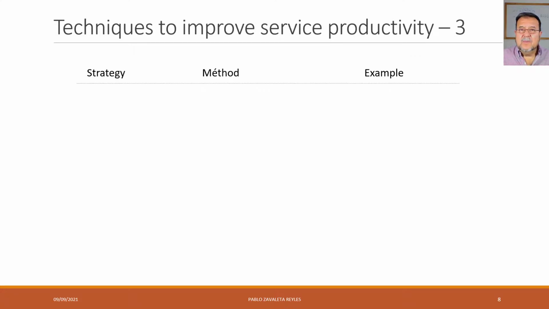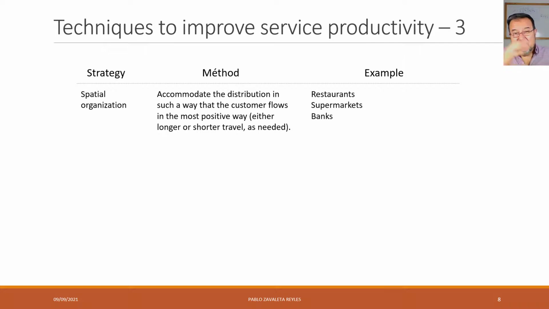Then we have, for example, spatial organization. We accommodate things in such a way that the customer flows according to our needs, so that they have a longer or shorter travel. For example, in supermarkets, we want them to go as long as possible, because the more exposed they are to products, the more prone they are to buying.